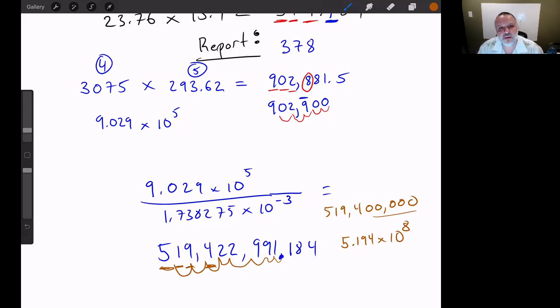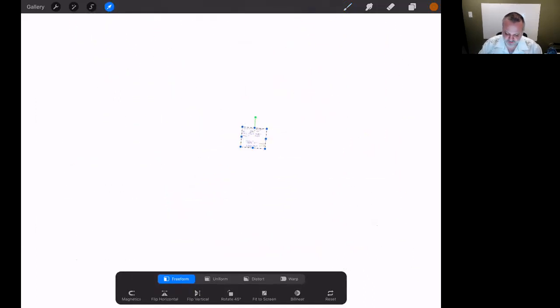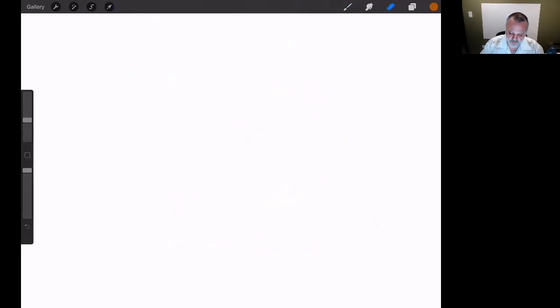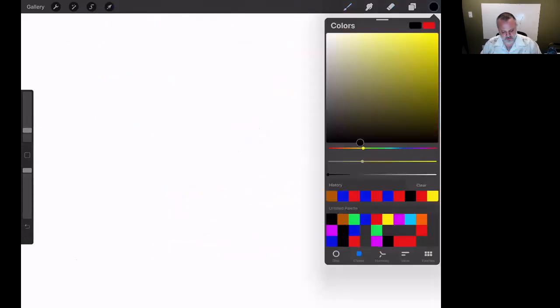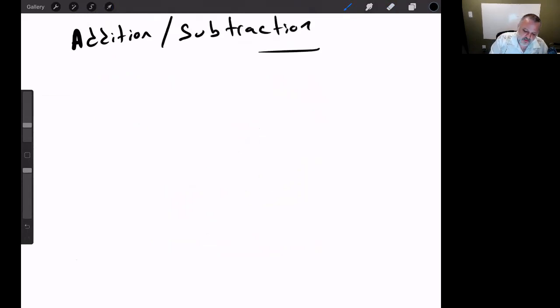Okay, let's do addition and subtraction. Addition and subtraction is a little bit more of a challenge. With addition and subtraction, we have a different rule.